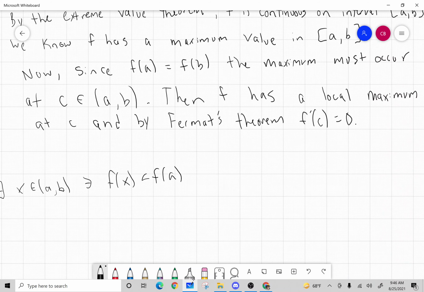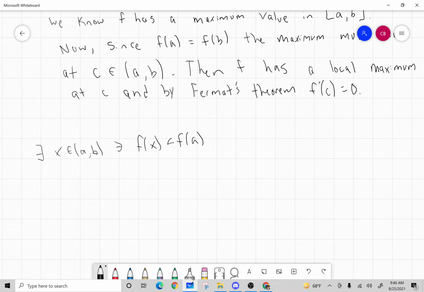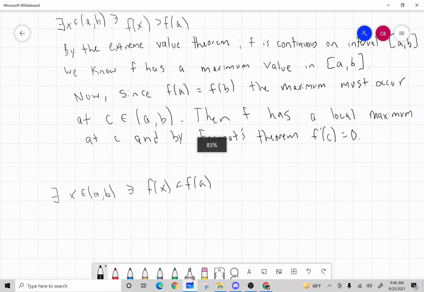Now, for the last part, there exists an x in the open interval (a, b) such that f of x is less than f of a. This is going to be pretty much the same exact thing as the case in the middle. You'd just read exactly what you wrote.